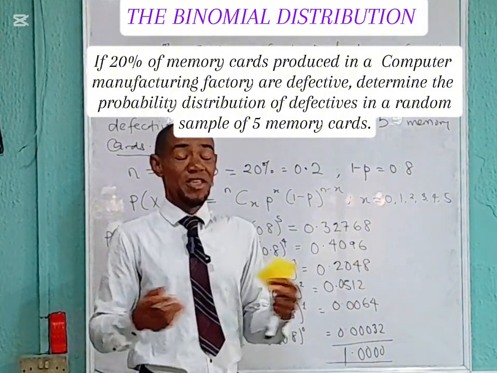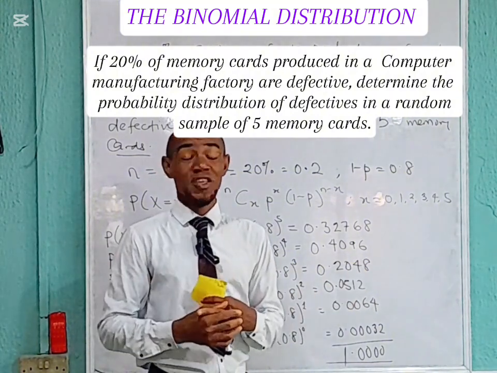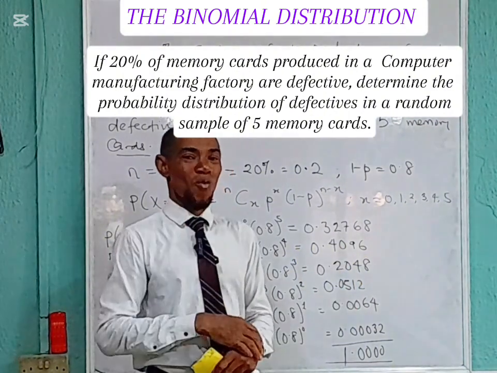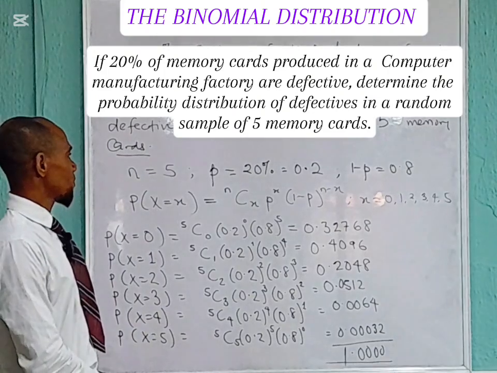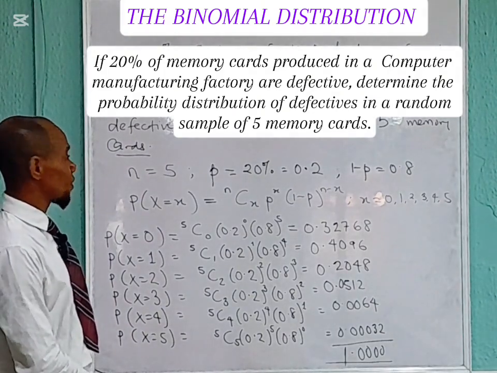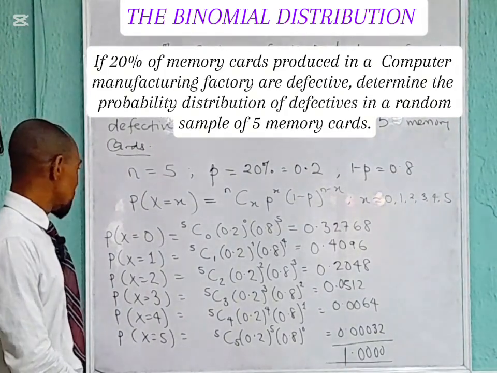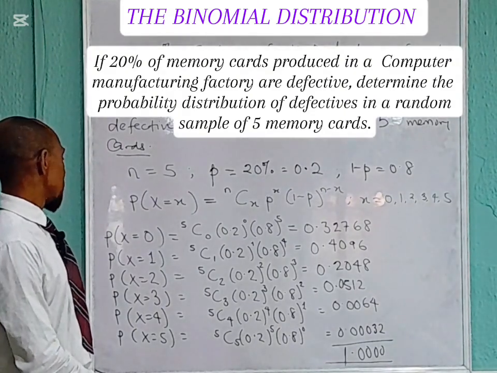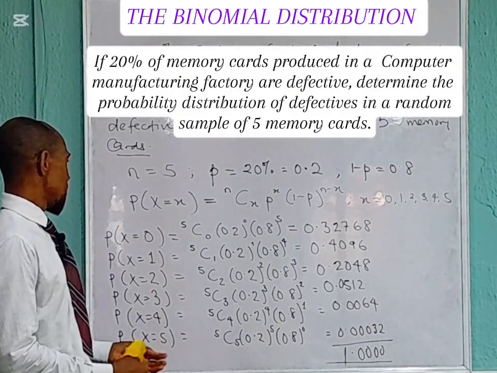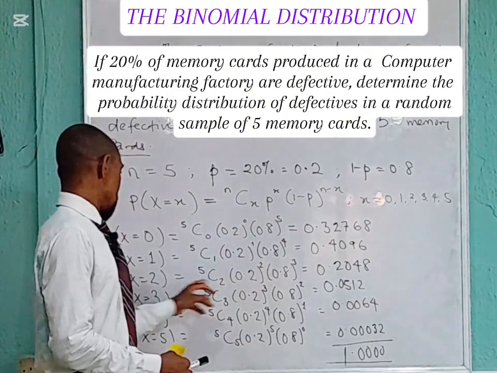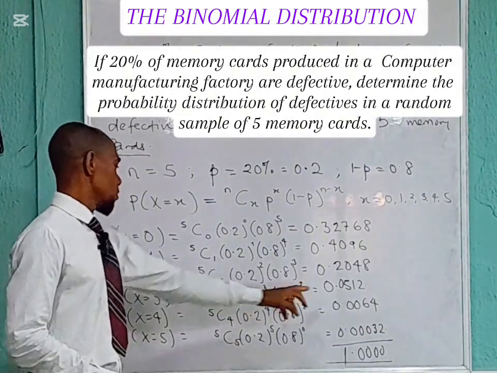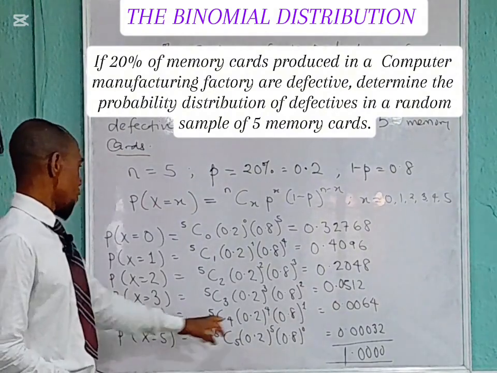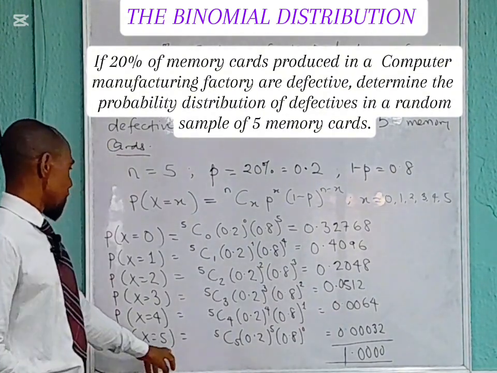And of course, the maximum probability you can have, which is the probability of the sample space, is 1. So that indeed shows that these values are correct. And with that, we've actually solved the question. The probability distribution for 5 memory cards will be respectively, for 0, we have this, for 1, we have that, for 2, we have that, for 3, 0.0512, for 4, 0.0064, and for 5, we have 0.00032.